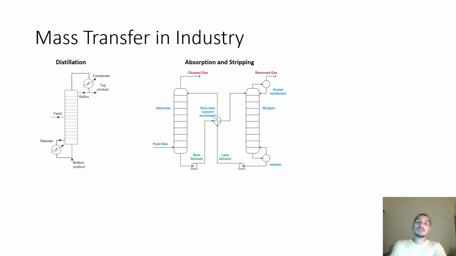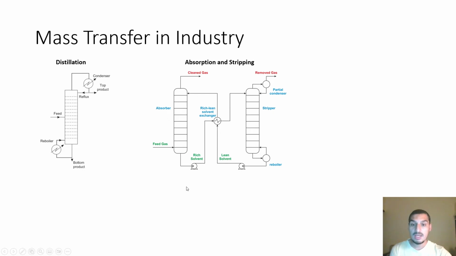Another example is absorption and stripping. In absorption and stripping, we have a gas stream that contains gases that we need and some impurities. To get rid of these impurities, we use a solvent that contacts the gas and has a high affinity to absorb the impurity from the gas phase. Then a clean gas comes out from the column, or the absorber.